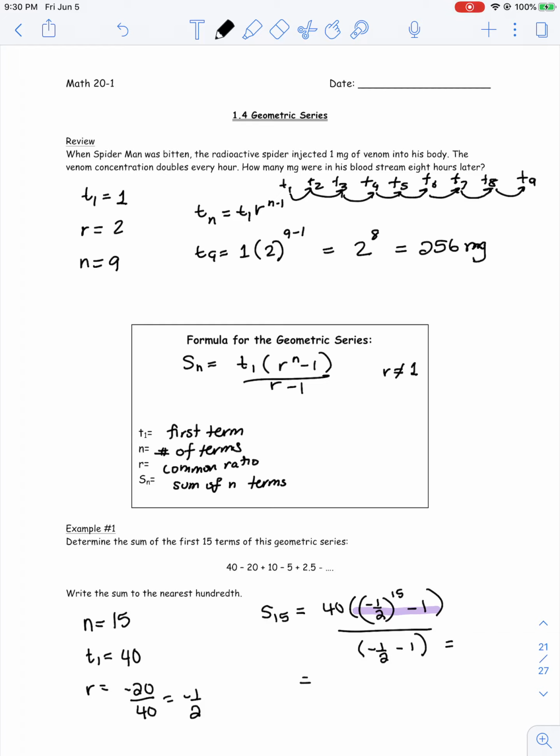The bottom will be equal to, if you put negative 0.5 minus 1, you're going to get negative 1.5 at the bottom. So whatever answer you get at the top, I'm going to write what the answer was at the top.